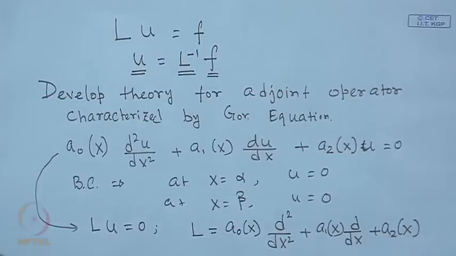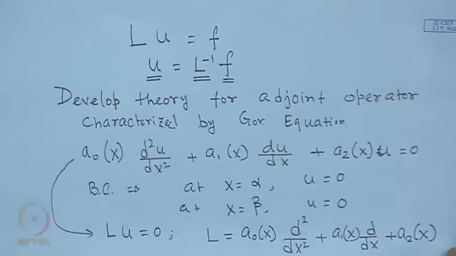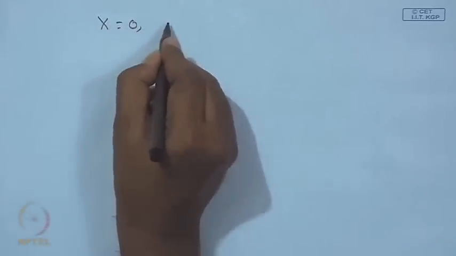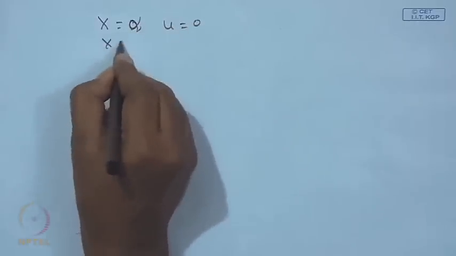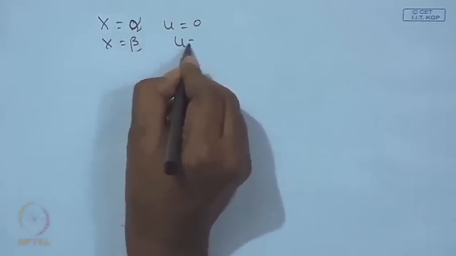So, this is the operator, and we write the boundary conditions at x = alpha, u = 0, and at x = beta, u = 0.